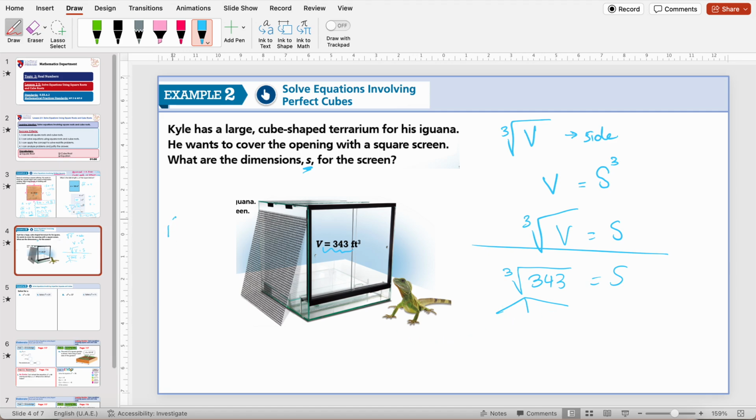Now we all know that 1 cubed is 1, 2 cubed is 8, 3 cubed is 27, 4 cubed is 64, 5 cubed is 125, 6 cubed is 36 times 6 is 36, and 18, then here is 216, and then 7 cubed is basically 343.